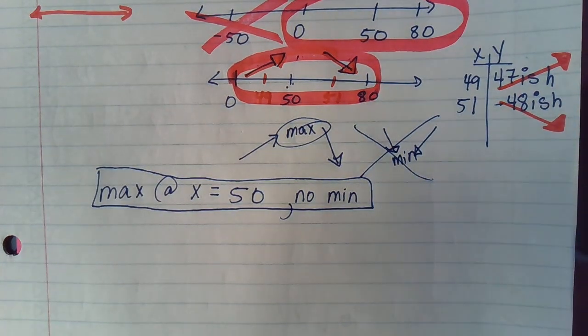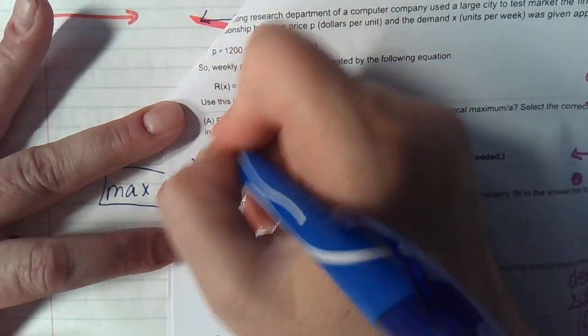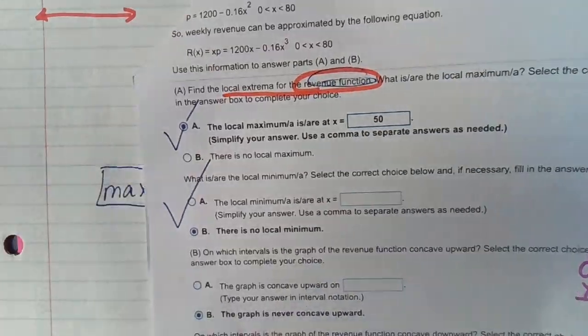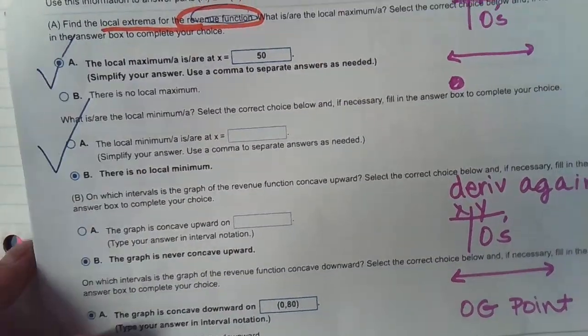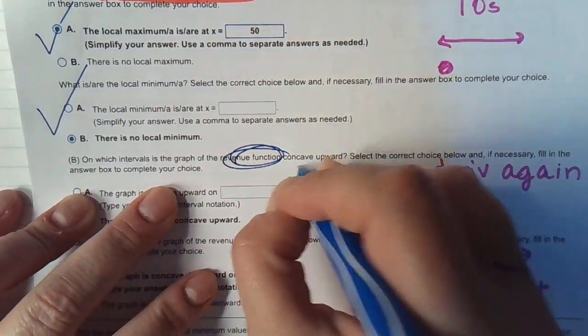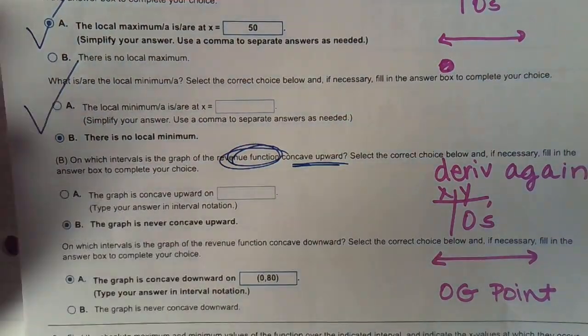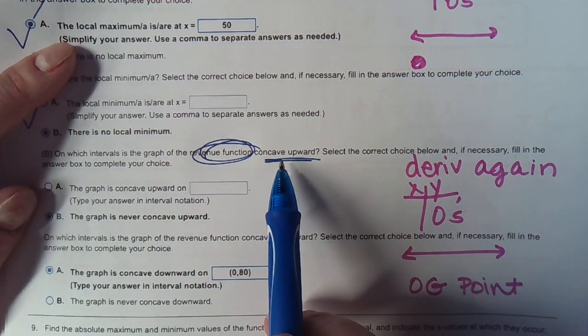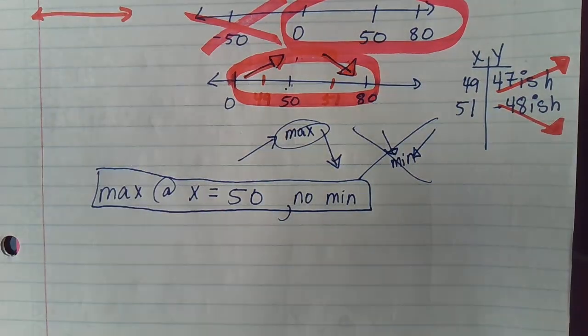So we just did part A about the local extrema. Part B says, on which intervals is the graph of the revenue concave up? Okay, let's remember concavity deals with the second derivative.